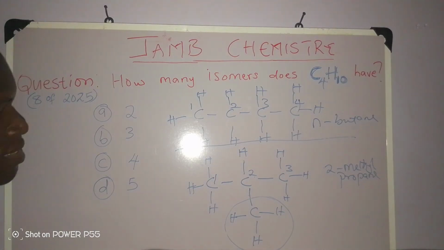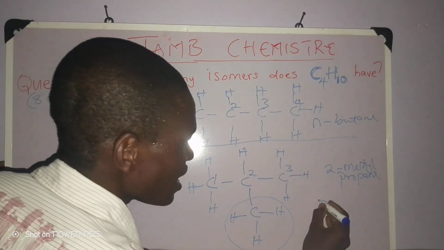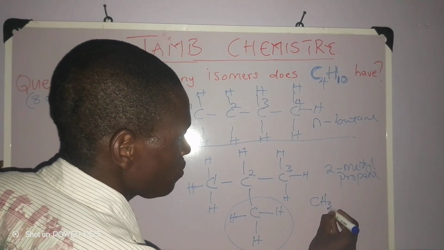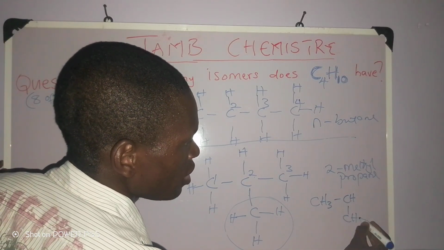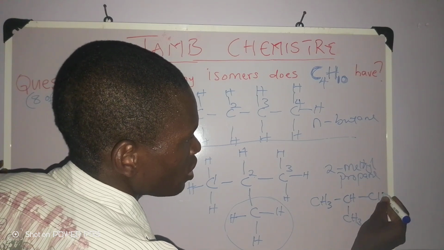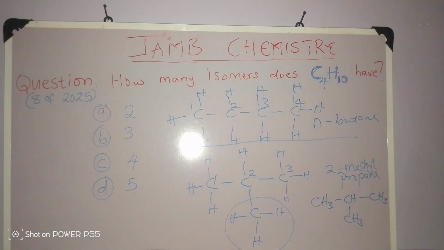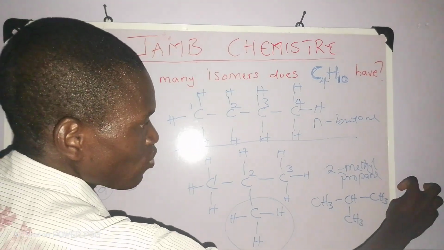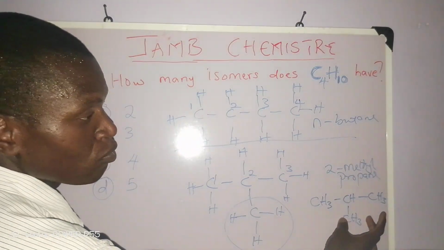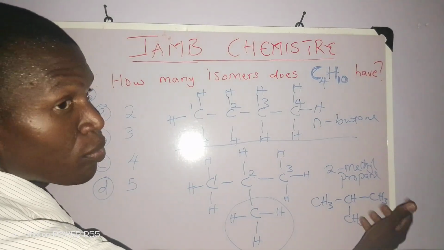Remember, in some cases, you may see this formula written in a condensed form, with CH3. So look at this, that was the last one that we cut and brought here to give us 2-methylpropane.